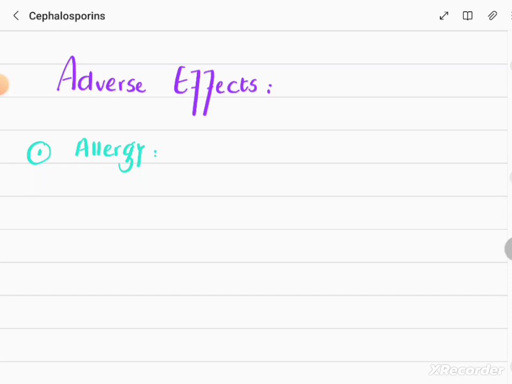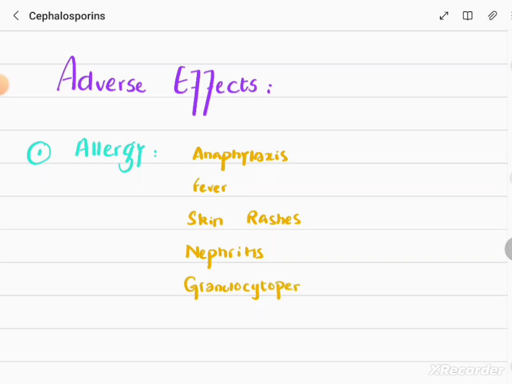So they can cause anaphylaxis, fever, skin rashes, nephritis, which is basically the inflammation of nephrons in the kidneys, and granulocytopenia, which is a kind of cytopenia in which there is reduced formation of granulocytes, and they can cause hemolytic anemia as well.